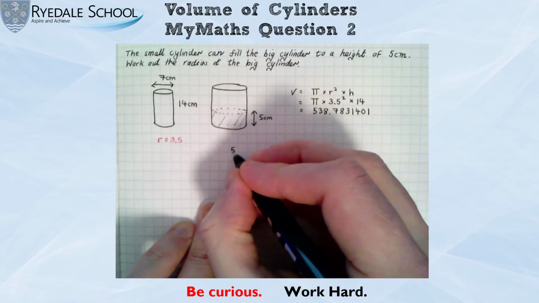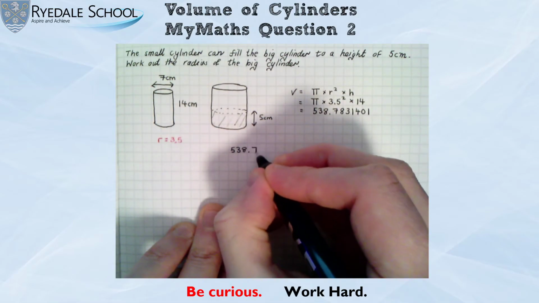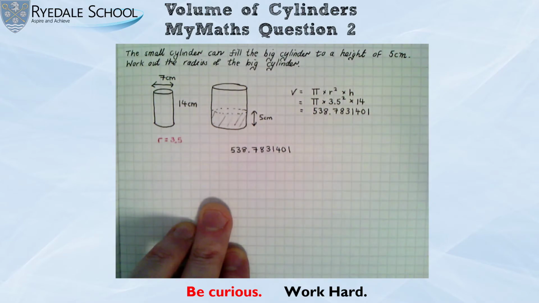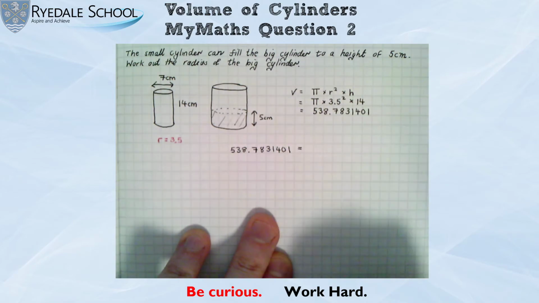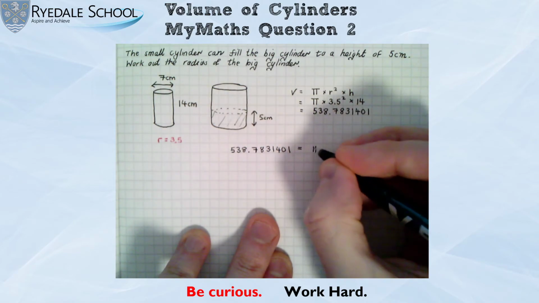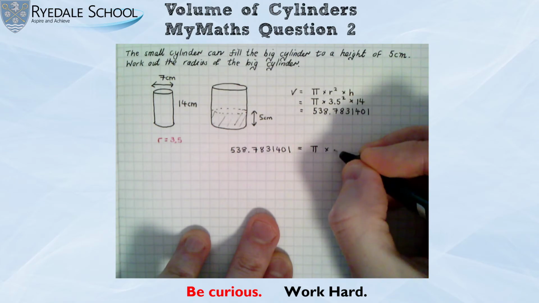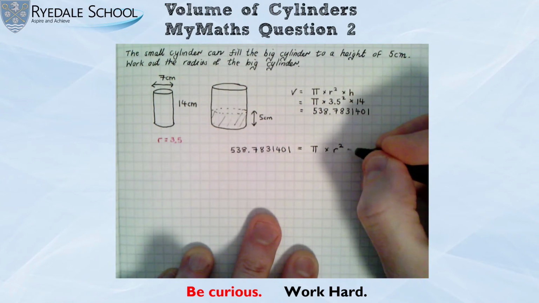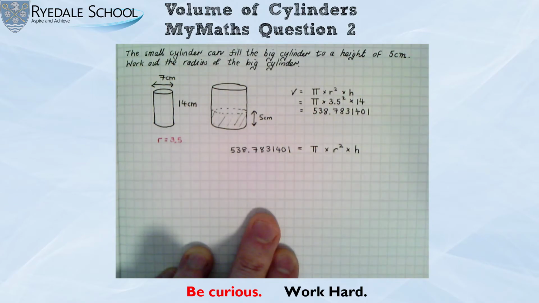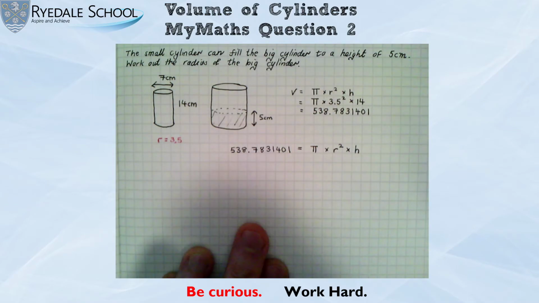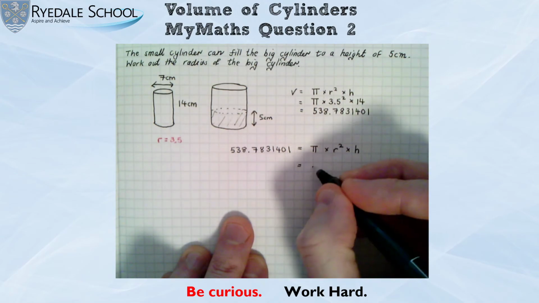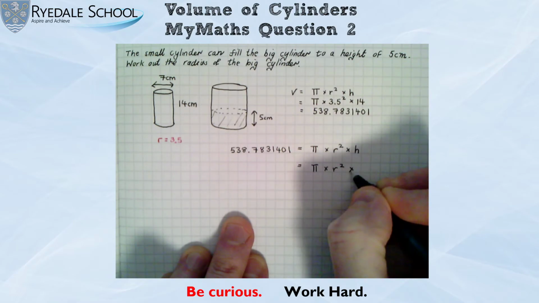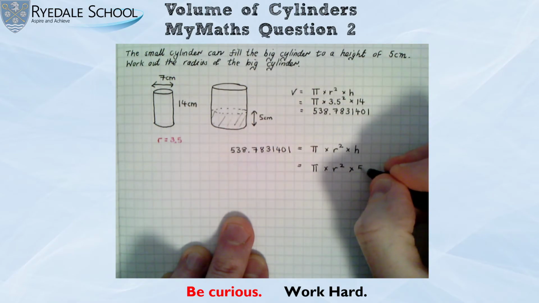So I'll start with that, 538.7831401 equals pi times the radius squared, and it's the radius I'm trying to find out, times the height, and remember I know the height is 5. So it is pi times the radius squared times 5.